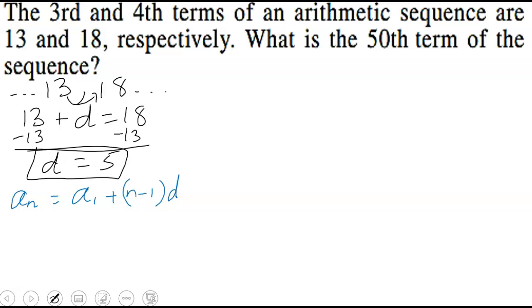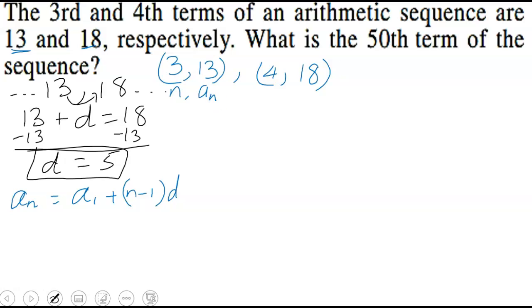We can use any of these. This is the third term and this is the fourth term. When n is 3, an is 13, and when n is 4, an is 18.